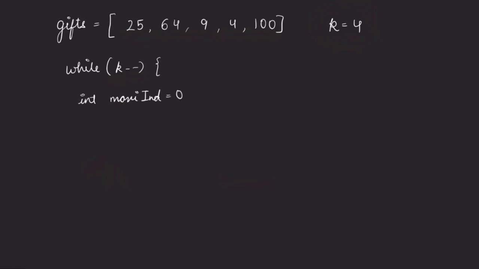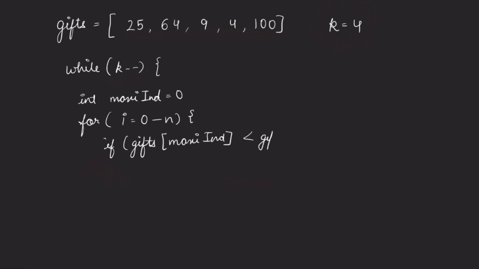That's why we are finding the index, and then you will run a for loop over the array from 0 till n, and check that if gifts of maxIndex, whatever is the maximum element you have taken, is less than gifts of i, in that case you will update your maxIndex to i. Once this loop finishes, we will have the maximum element of the array.